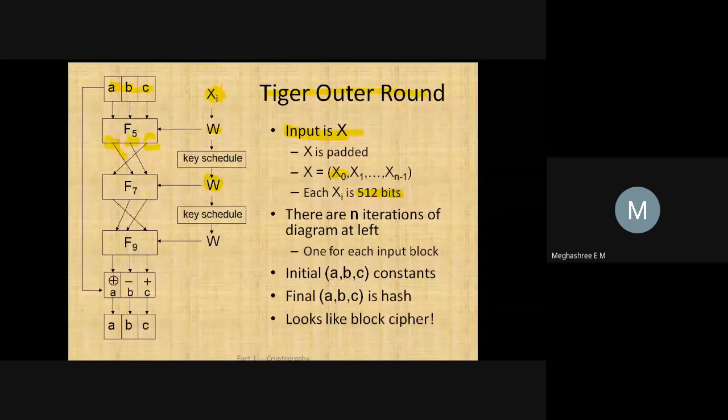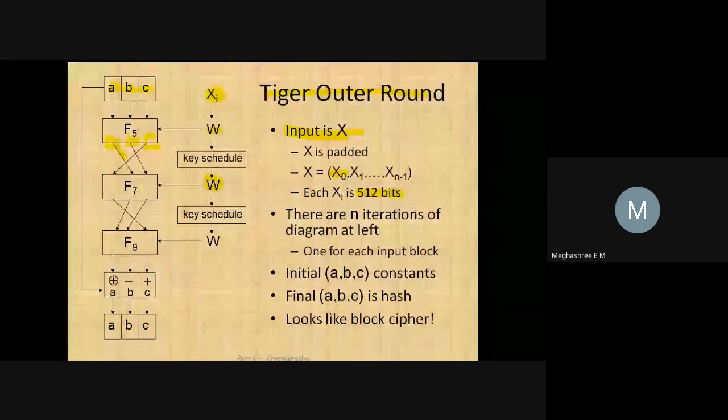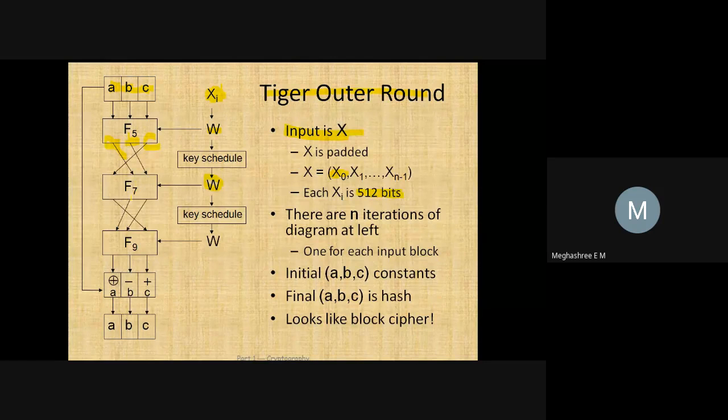So this function has input, which is the output of F5 and W. Again, the output of F7 is treated as ABC, and this is fed as the input for F9, where B is first, C is next, and A is last. For this also, W is fed as input.